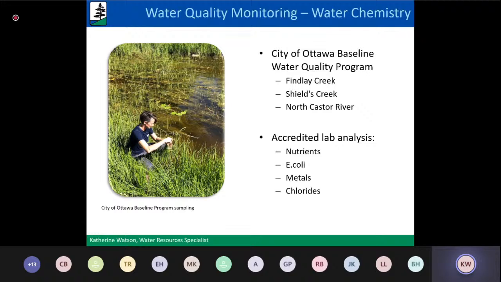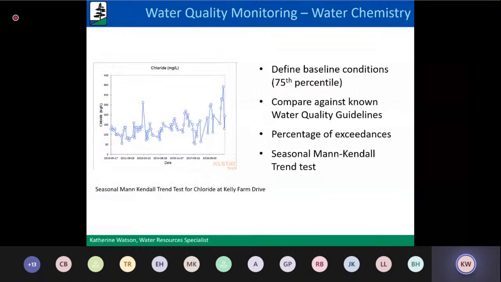And there are actually 5 stations within the North Castor catchment, which was great because we have a really nice, over 10 years worth of data within Finley Creek, Shields Creek, and also within the North Castor River, including information on nutrients, E. coli, metals, and chlorides. So we're able to take that data and, next slide, please.